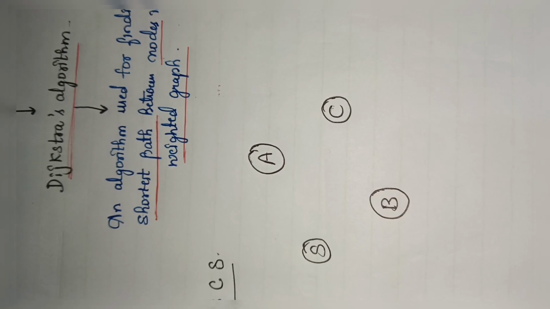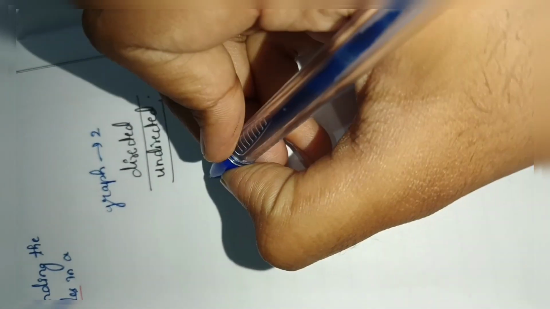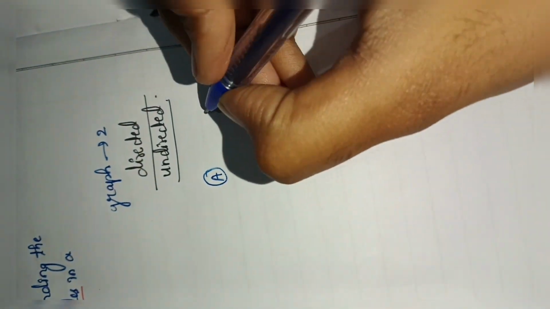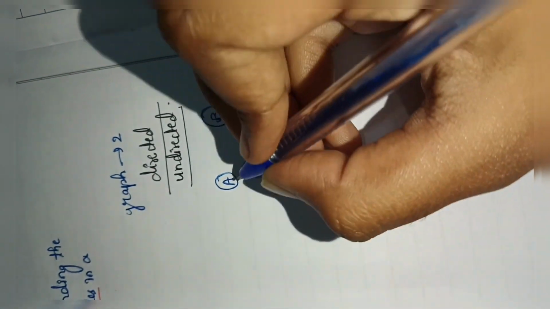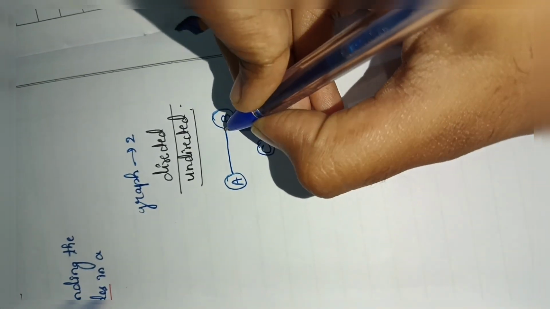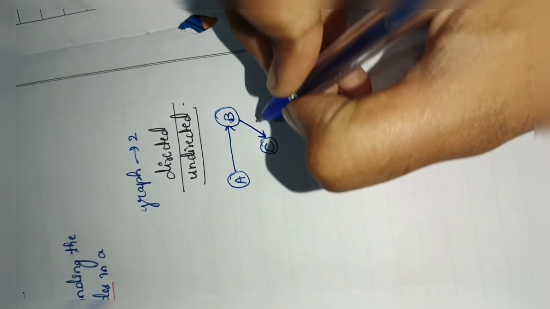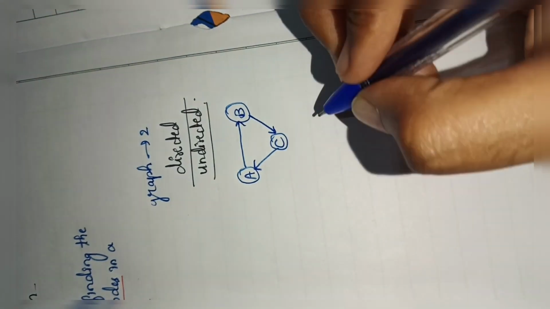Let's take an example: this is A, this is B, and this is C, and they connect to each other. So this is basically a directed graph.